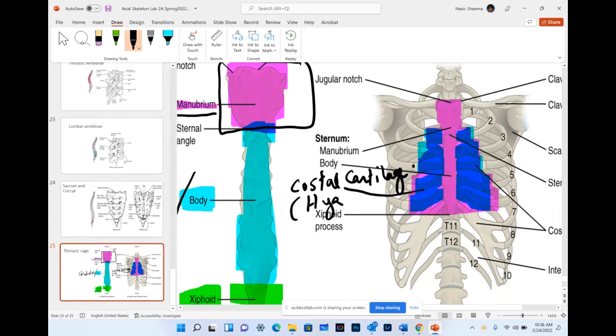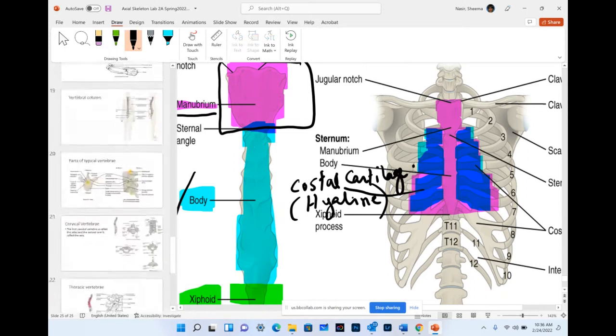These are hyaline cartilage. And we did that in the tissue lab, histology. Remember when we did the hyaline cartilage in the trachea, it's the same cartilage. Okay.